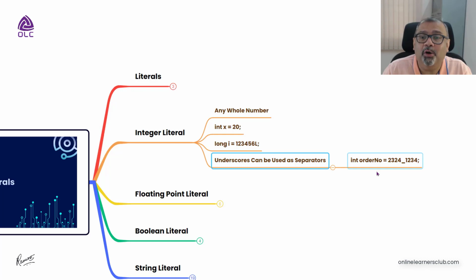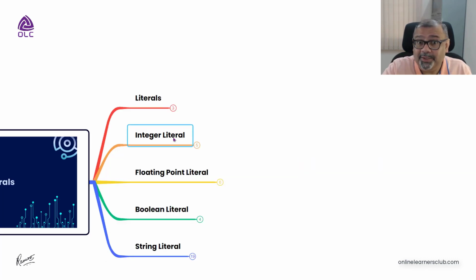Say for example, int orderNumber is equal to 2324_1234. It is useful in understanding or interpreting that particular value, and is easier to comprehend. That's it, nothing else. It is just used from a coding perspective, and when it is compiled, it merges everything and keeps it as 23241234. So it's just a small number as far as Java compiled code is concerned.